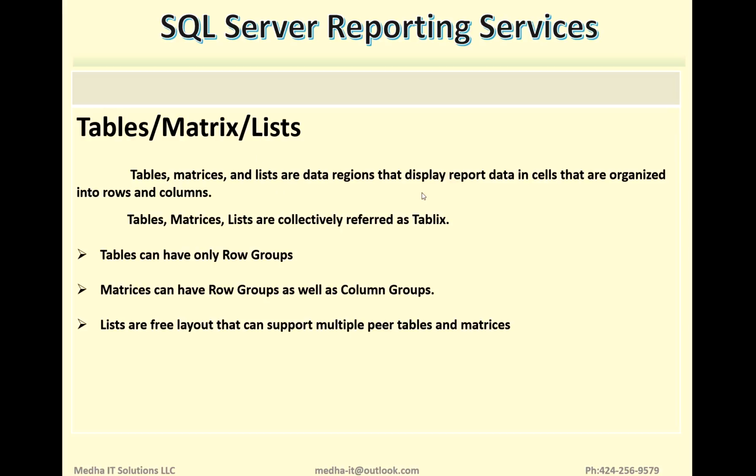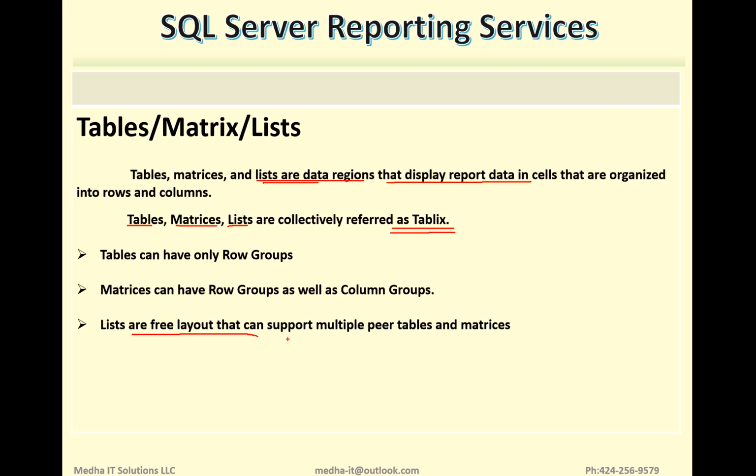And there is a third format as well, which is called tablix. Tablix is not a specific format as such available in SSRS. It is a term used for the combination of tables, matrices and lists. Lists are data regions that display report data. That means lists are kind of a free flow, free layout.